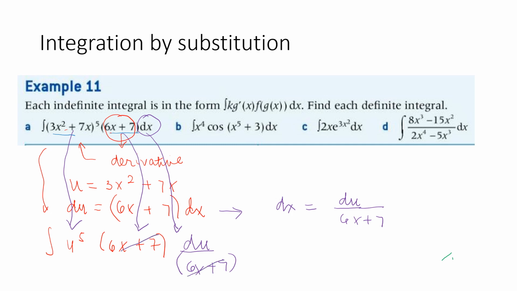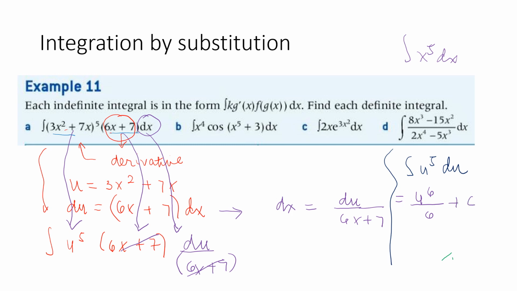So we are left with the integral of u raised to 5 du, which is basically the same as the integral of x raised to 5 dx. So it's in that format. So how do we integrate a power function?